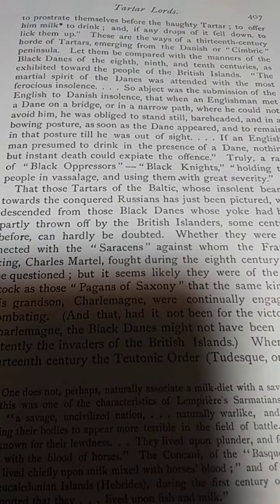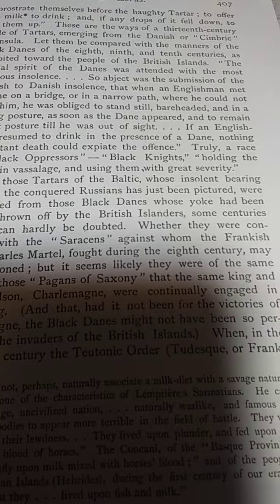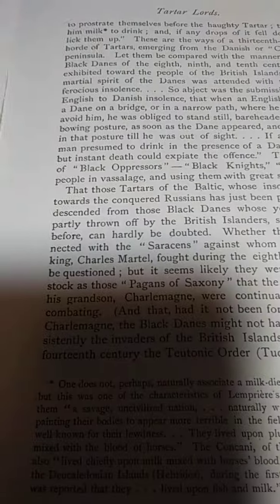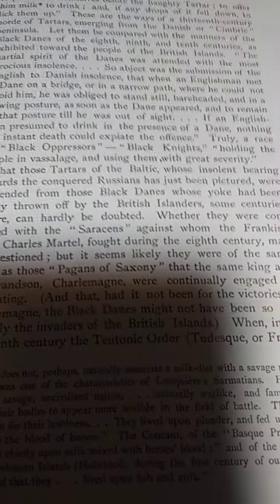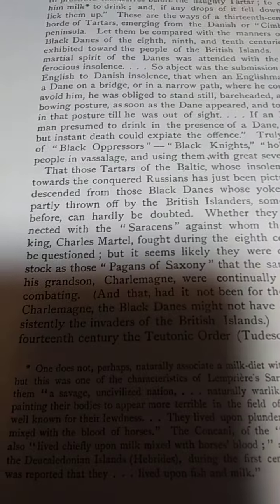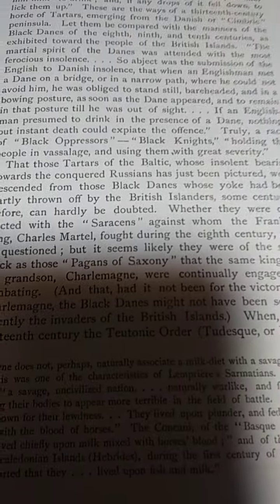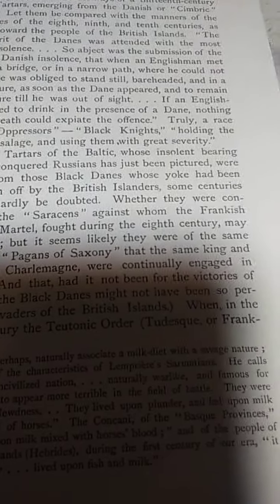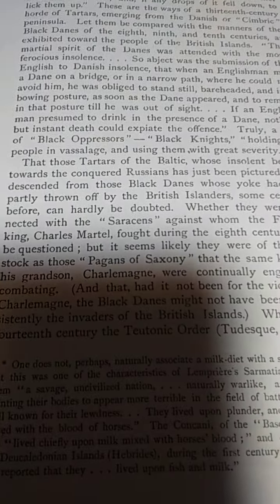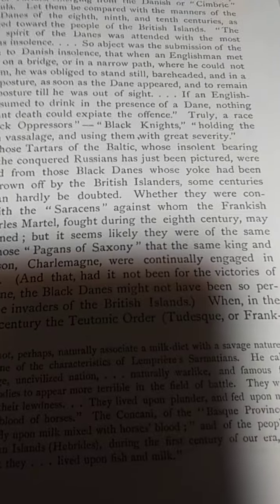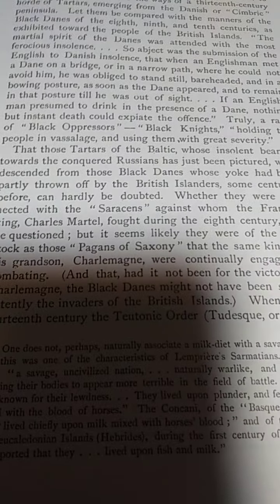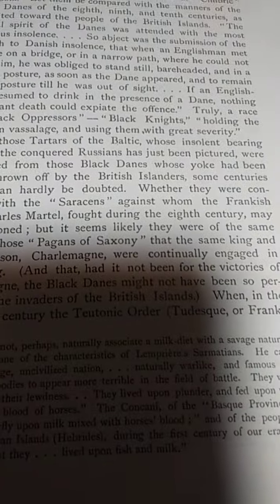That these Tartars of the Baltic, who, insolent, bearing towards the conquered Russians, had just been pictured, were descendants from those Black Danes who had been partly thrown off by the British islanders some centuries before can hardly be doubted.